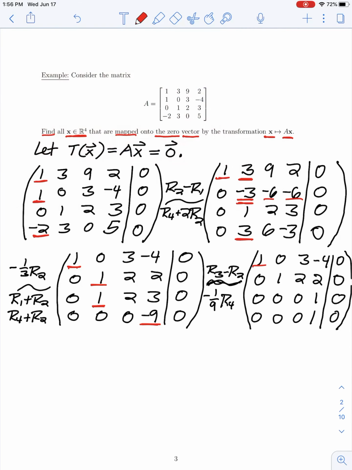So now I have, for my first and second rows, leading entries of 1. For my third row, I have a leading entry of 1, which I need to eliminate the constant 1, 2, and negative 4 that appear above and below it.